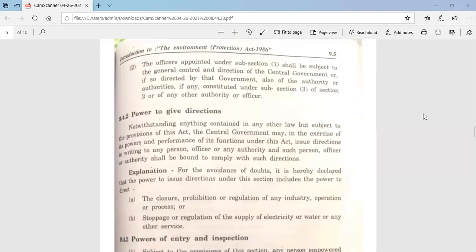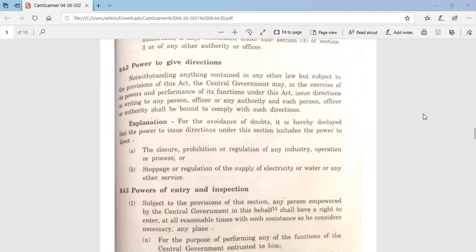Next is the power to give directions. Notwithstanding anything contained in any other law, but subject to the provisions of this Act, the central government may, in the exercise of its powers and performance of its functions under this Act, issue directions in writing to any person, officer, or authority, and such person, officer, or authority shall be bound to comply with such directions.